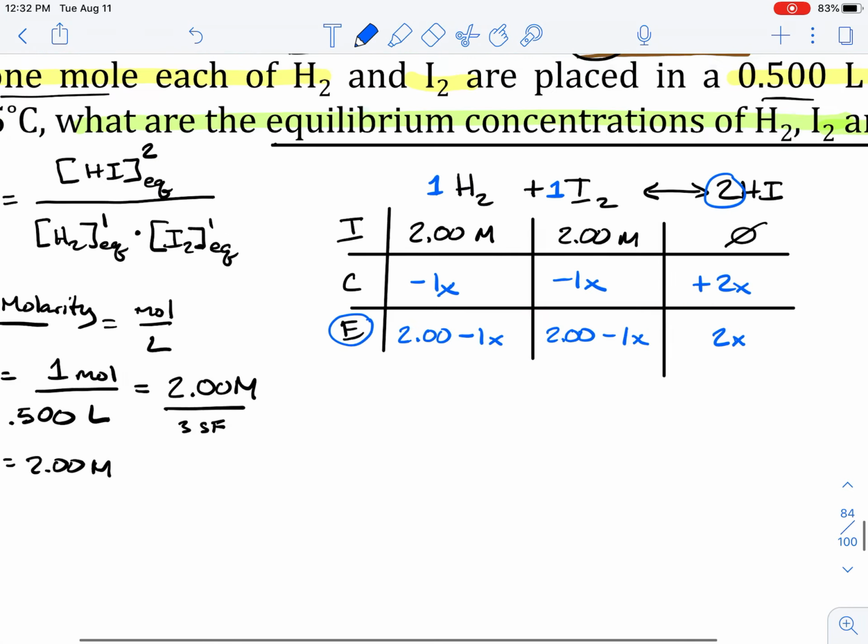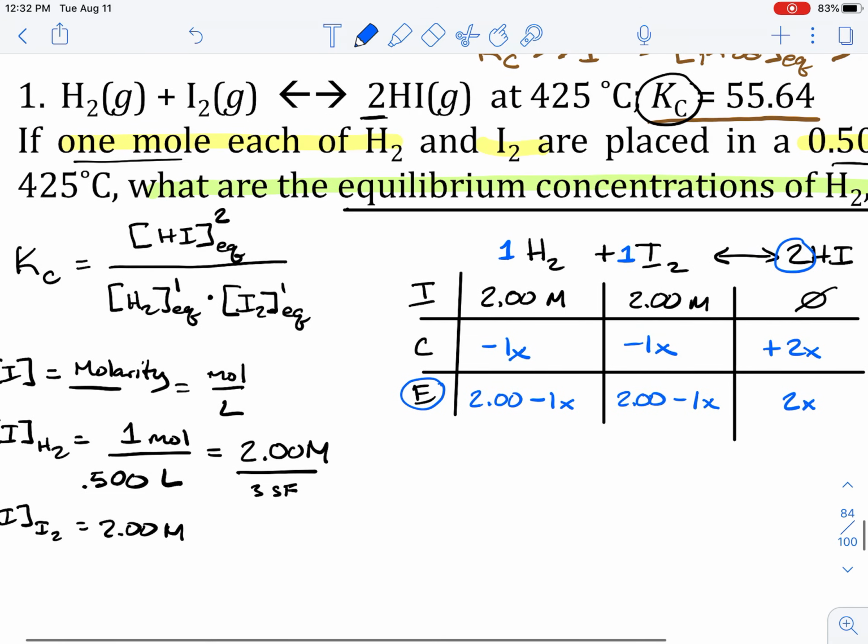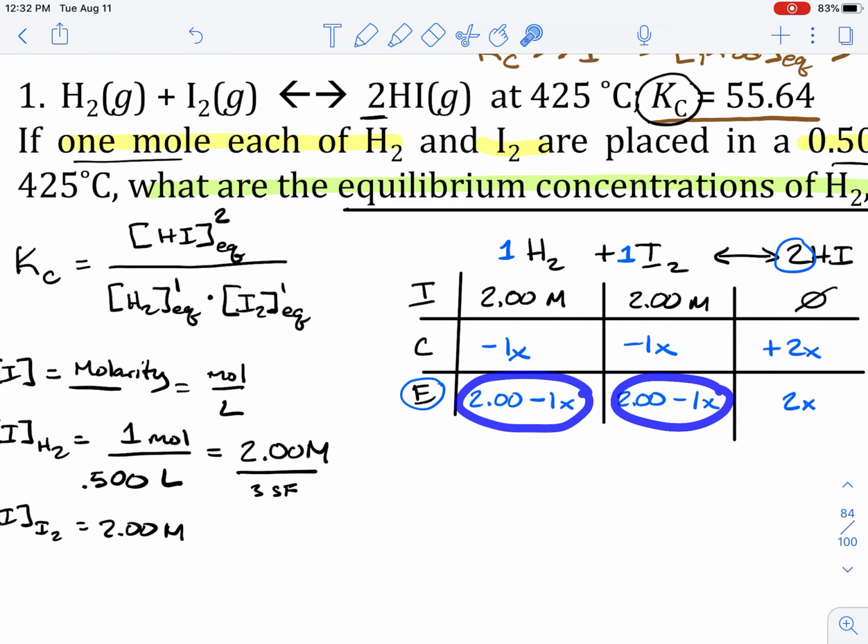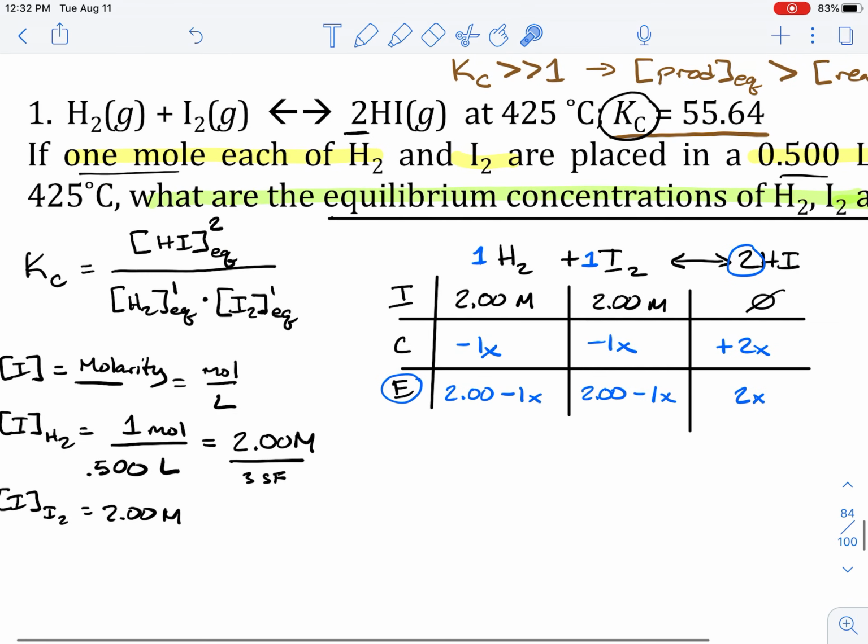Awesome. The really cool thing about this is that we've now created mathematical expressions for the equilibrium concentration for each and every single one of these substances. Even though we haven't solved the problem just yet, it's getting us closer to it.